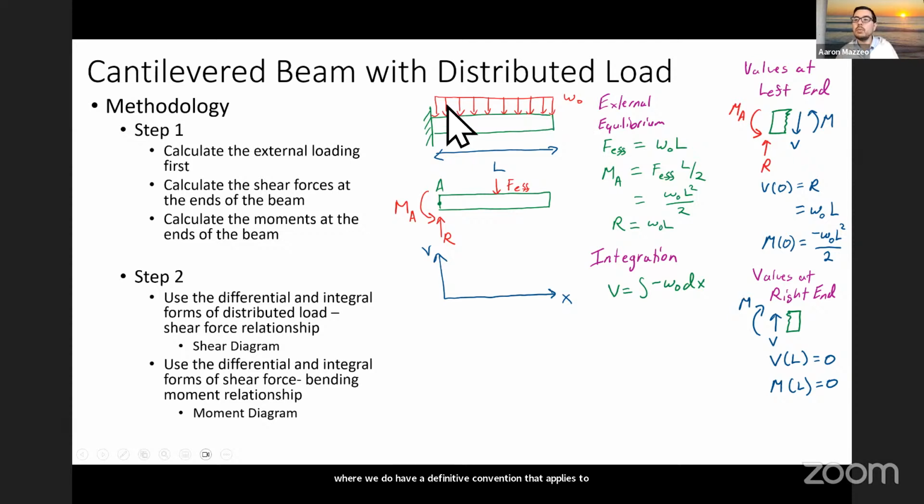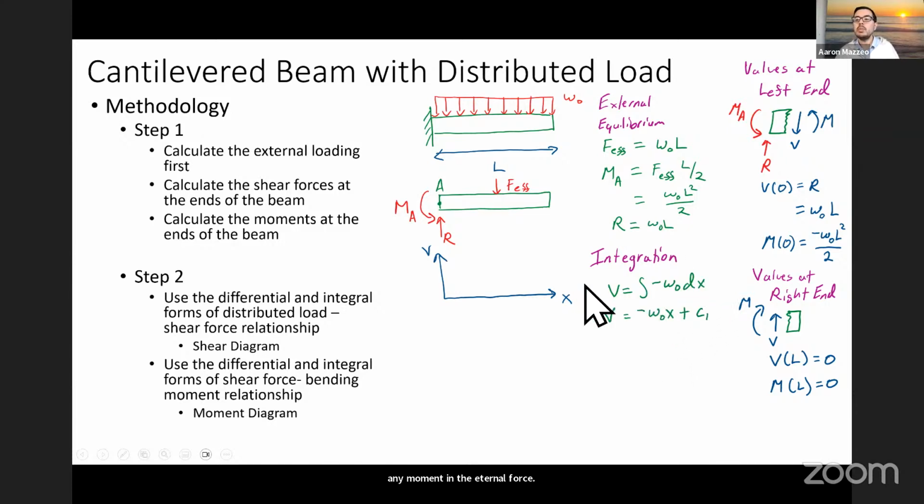And that is when we are thinking about the distributed force that's being applied. By convention, if it's going downward, the distributed force, that is going to be giving us a minus W naught dx. And it's true, we also have conventions for concentrated forces and concentrated moments and how they affect the internal bending moment and the internal force.